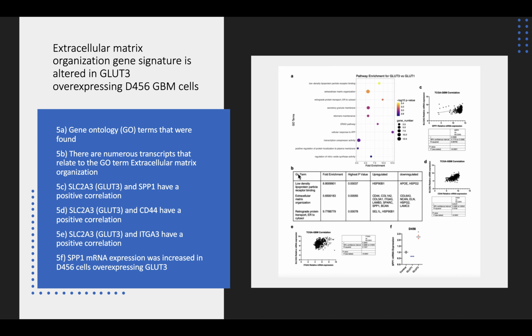The GO terms, as stated before, are over here. Then the next category is the fold enrichment. The next category is highest p-value. The next category is up regulated. And the next category is down regulated. Now, in 5B, one may notice that the extracellular matrix organization has the highest number of transcripts out of the three.